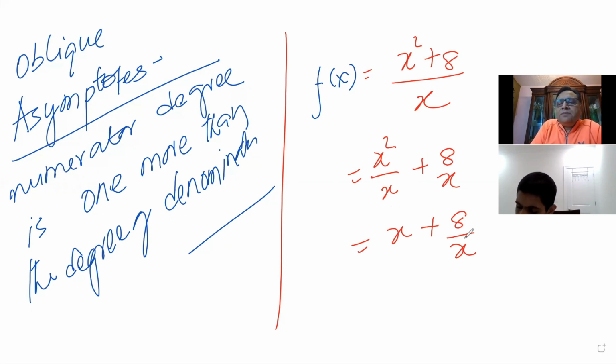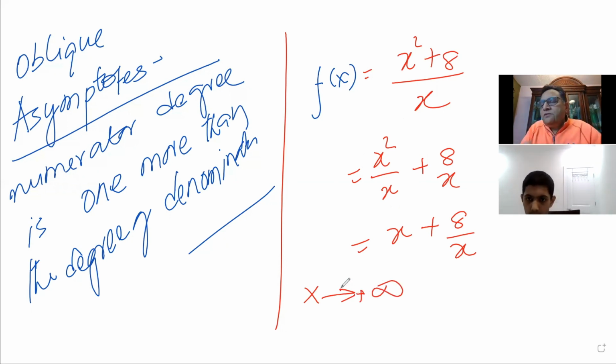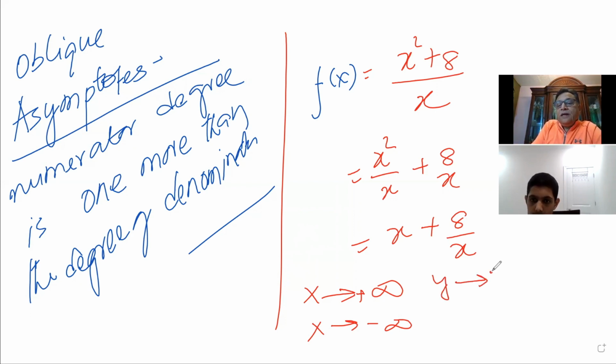Now, what really happens when x is approaching positive infinity? Or even when x is approaching negative infinity? What happens? The y value gets closer to 0? No. So with 8 over x, the y value actually becomes closer to x, because 8 over x approaches 0.